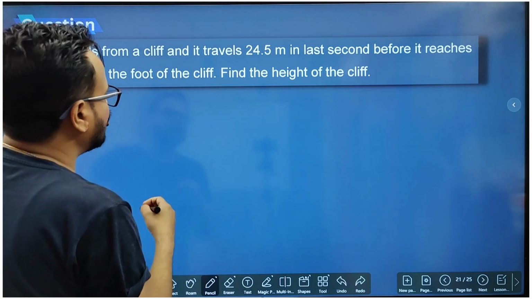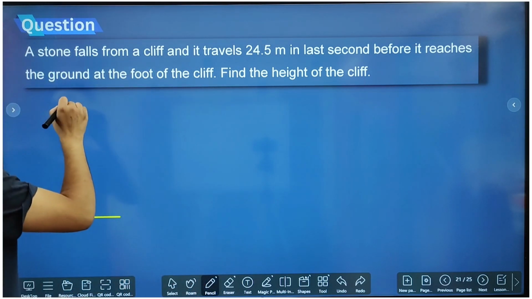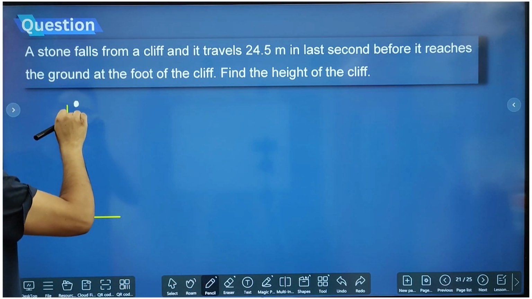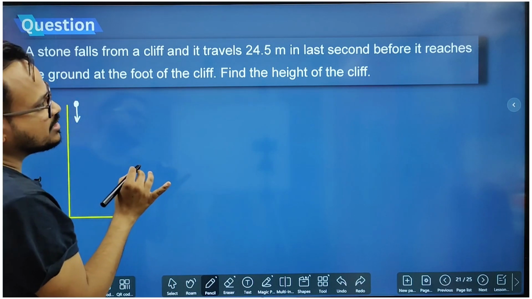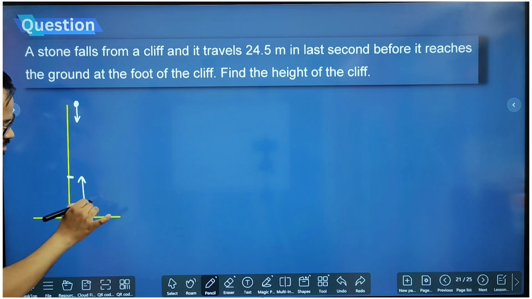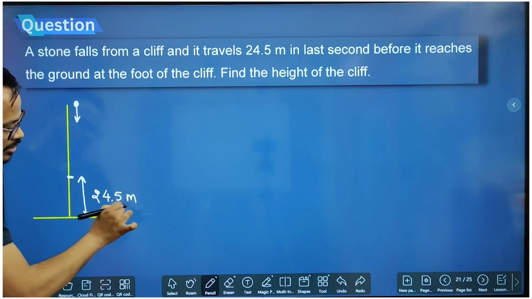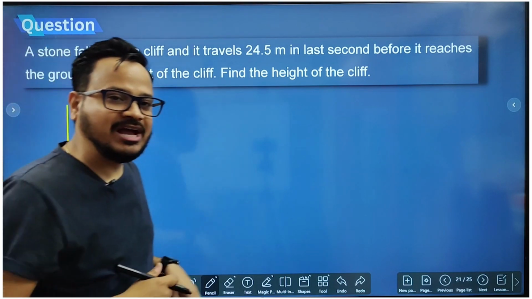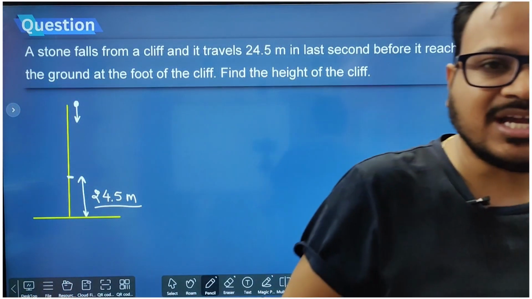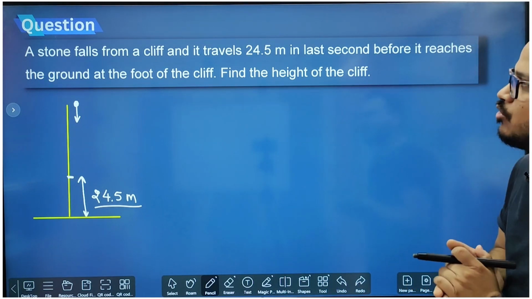A stone is dropped from this cliff and this stone travels 24.5 meter in the last second of its fall. Have you got the question?